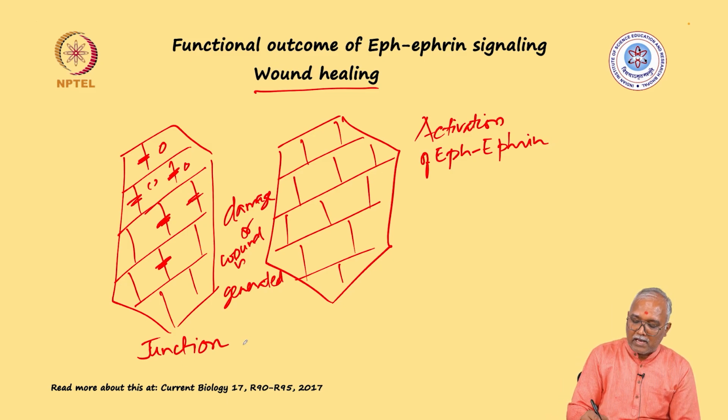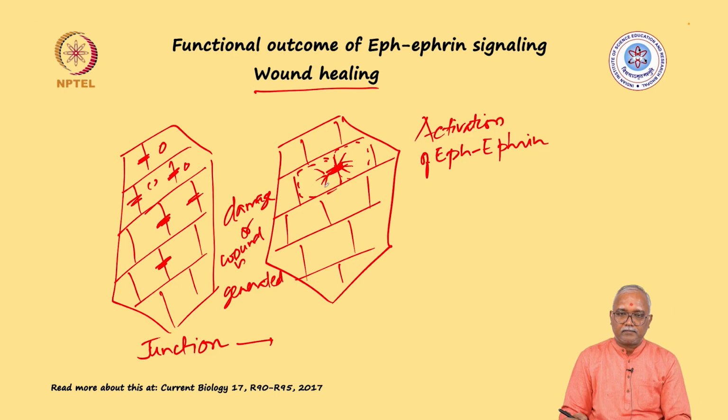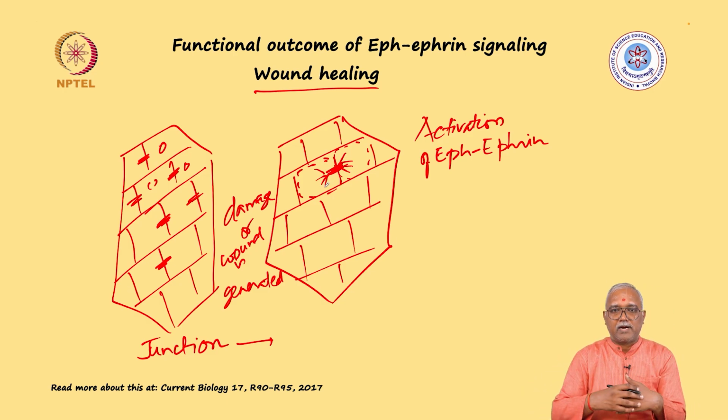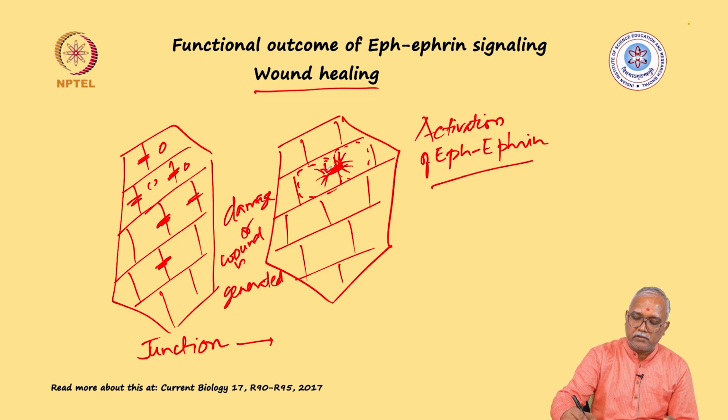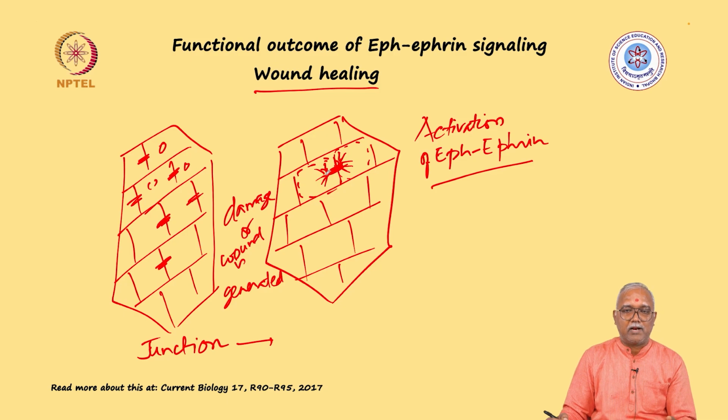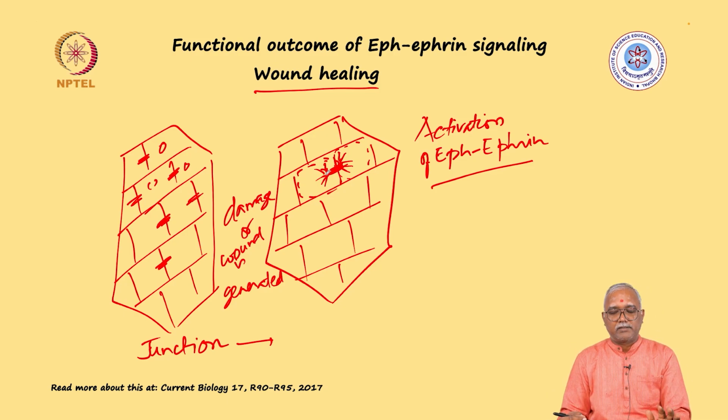The junctions are internally inside the cell. If this is the junction and this is the cell interior of the two neighboring cells, internally they are connected to the cytoskeleton. As long as they are connected to the cytoskeleton, the movement of cells will not be possible. So Eph-Ephrin activation induces the removal of these cytoskeletal elements from these junctional complexes.